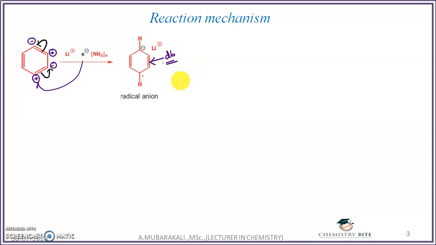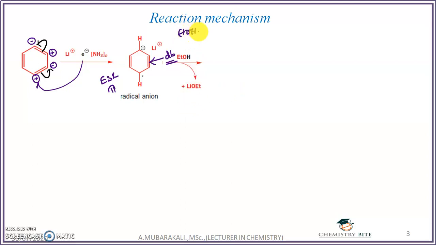This reaction mechanism proceeds through the radical anion as an intermediate. This was proved by ESR spectroscopy, that is electron spin resonance spectroscopy. The radical anion is very basic and it picks up a proton from the ethanol in the reaction mixture. You can see along with the ammonia we are also using ethanol.